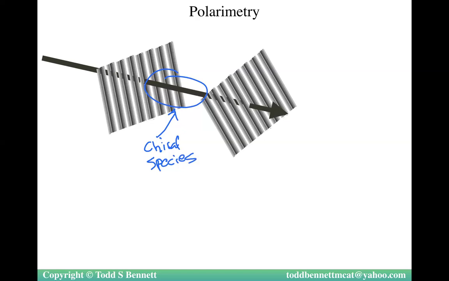If it interacts with that, the compound can actually rotate the light. So let's say it rotates it this way a little bit. Then instead of the second polarizer being lined up in the exact same orientation, we actually have to rotate it so all the light can get through.